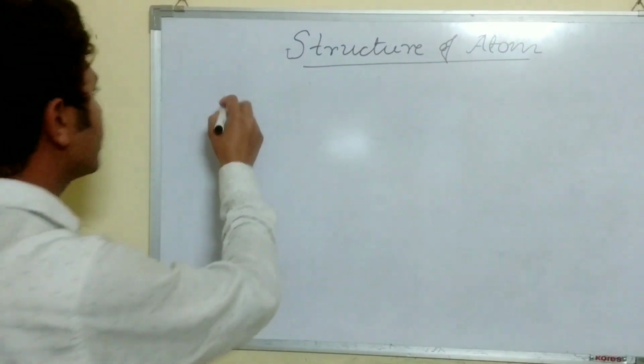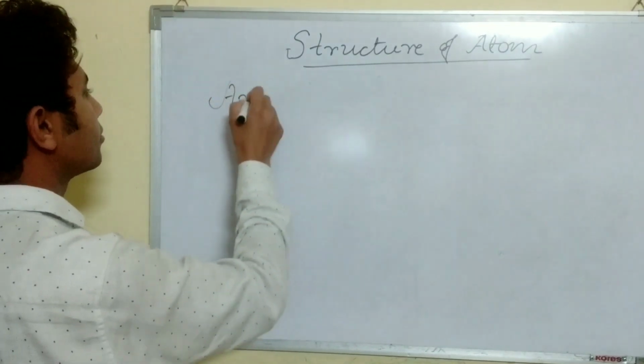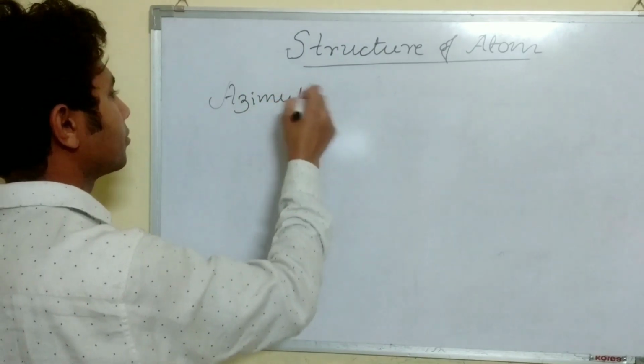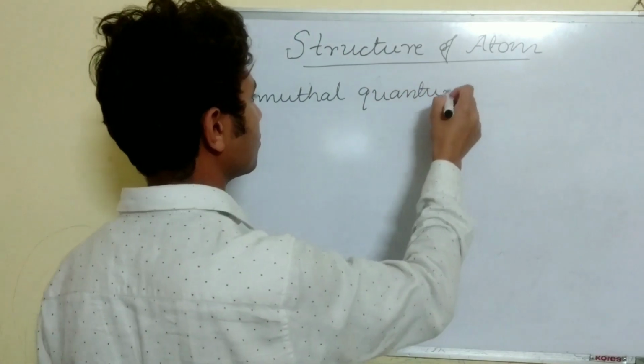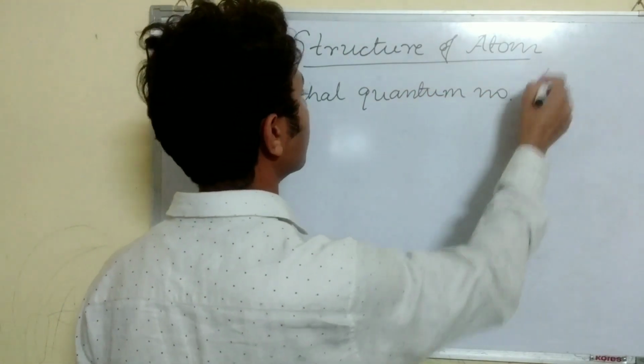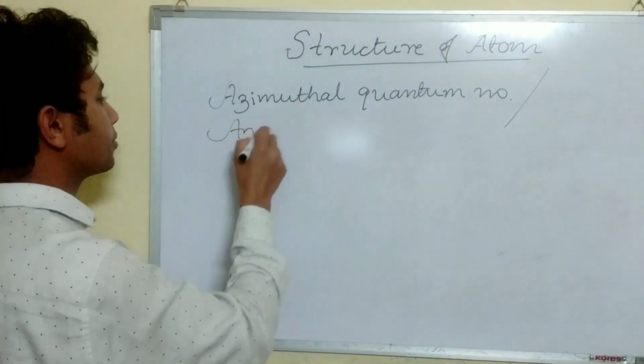Second one is the azimuthal quantum number, or angular momentum quantum number.